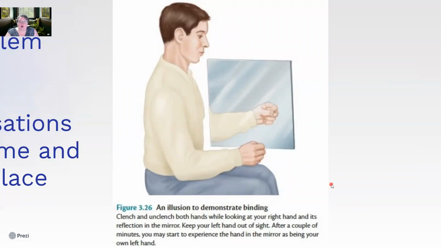If you put your arm in front of a mirror and you're moving it and basically holding it so that it almost looks like the mirror is your other arm, what the text tells us is that if you keep clenching and unclenching your fist and looking at this other arm in the mirror, after a couple of minutes, you may start to experience the hand in the mirror as being your own left hand, even though it's not your left hand. So if you have the time, check it out. It's kind of a neat little self-experiment you can do to demonstrate this concept of binding.